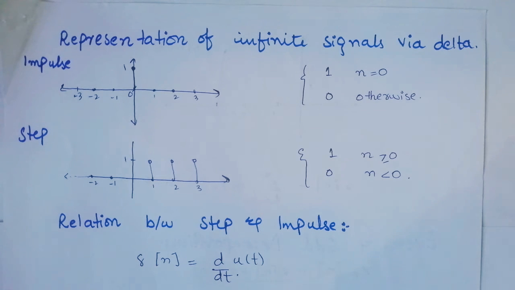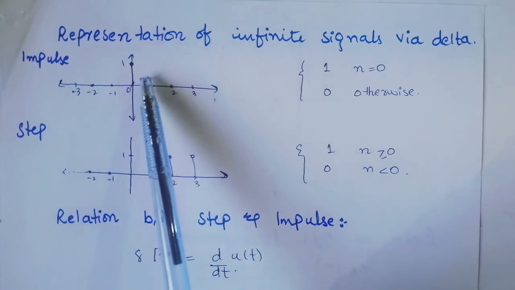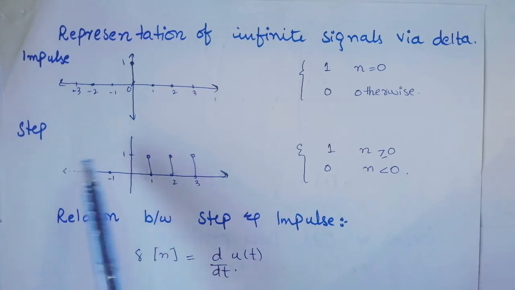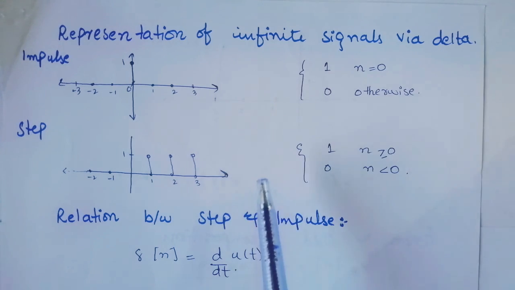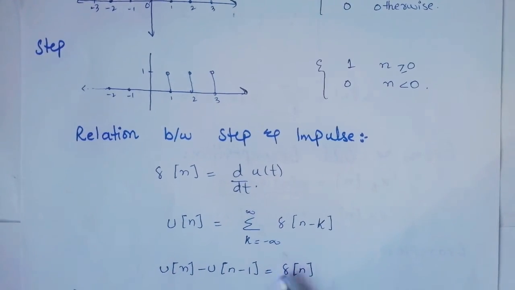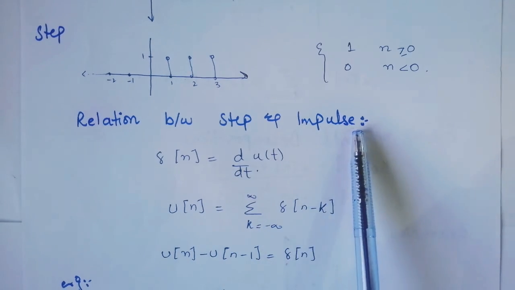Now let's check the relation between step and impulse function. First of all, we all know that impulse function is a function which gives 1 at 0 and 0 at all other values, and step is a function which gives 1 at all positive values including 0. So this is the relation between impulse and step function.